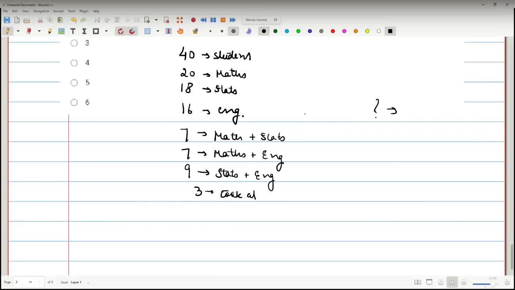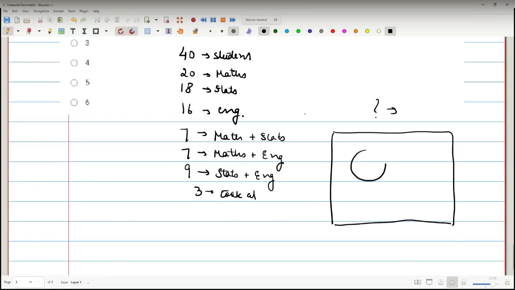Okay, great. So let's form a diagram. We have 3 subjects: maths, stats, and English. Let's start with the lowest. 3 took all.